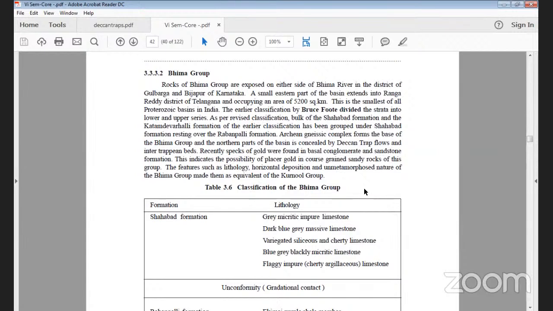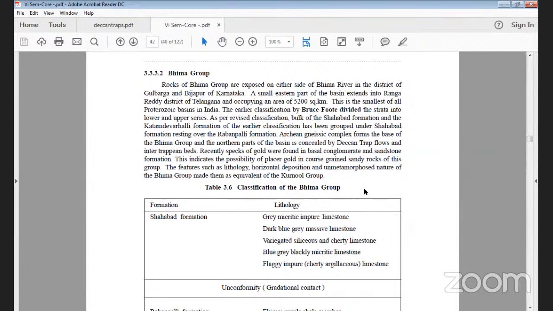Very recently, scientific studies were carried out on this same formation, and they identified gold specks discovered in basal conglomerates along with the sandstone formation, which indicates the possibility of placer gold in coarse grained sand formation.